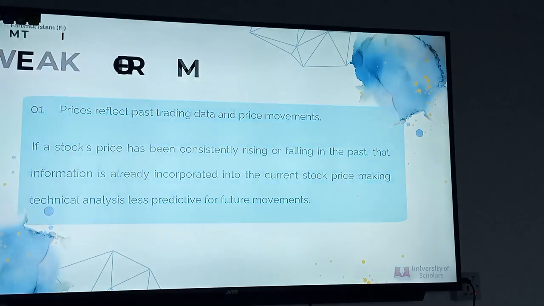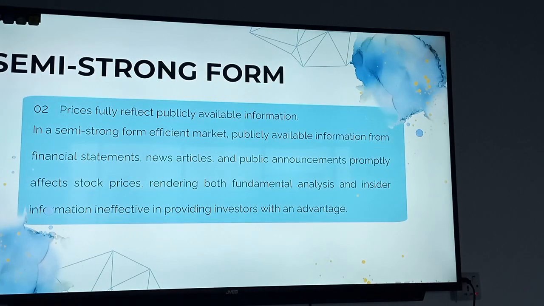So let's move on to our semi-strong form, where security prices fully reflect all publicly available information, including information from financial statements, news articles, and other public announcements that could impact a company's performance or prospects.